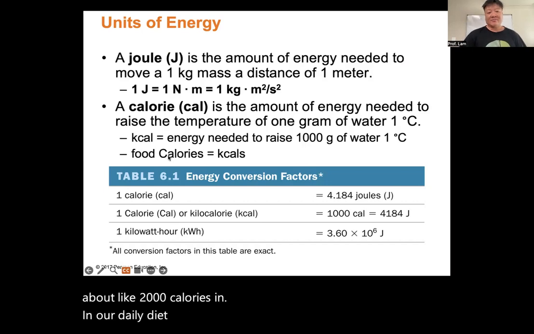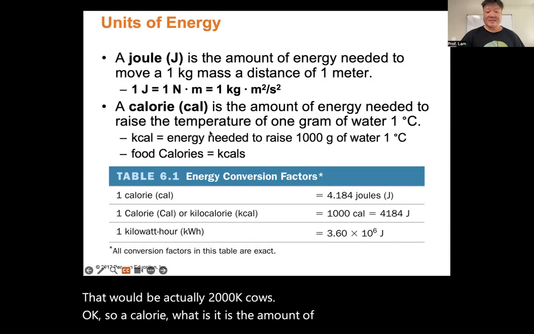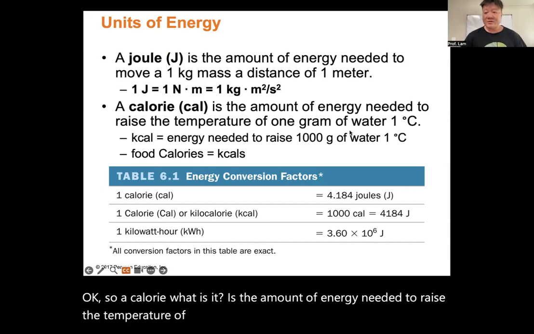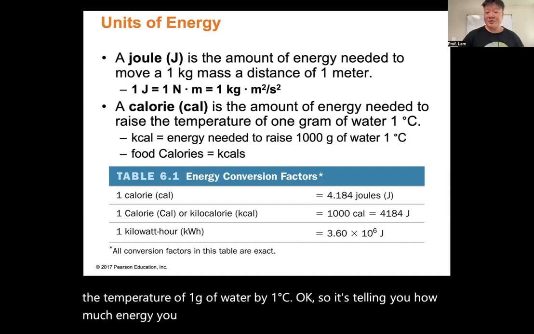That would actually be 2,000 kilocalories. So a calorie, what is it? It's the amount of energy needed to raise the temperature of 1 gram of water by 1 degree Celsius. It tells you how much energy you need to put in to take 1 gram of water up by 1 degree Celsius.